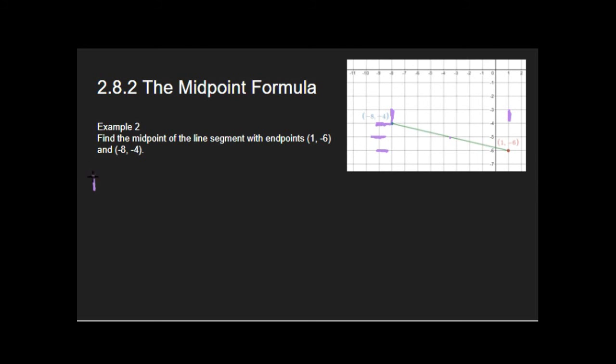We'll rewrite out our midpoint formula. Midpoint equals, remember your parentheses, you have to put in parentheses. We're going to do the x1 plus x2, that's a plus, sorry, x1 plus x2 divided by 2, comma, y1 plus y2 divided by 2, and end parentheses.